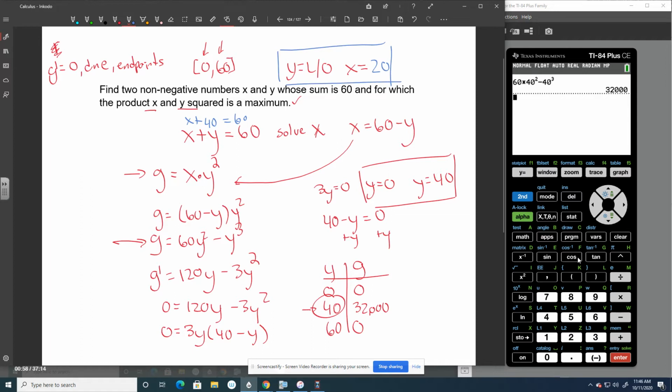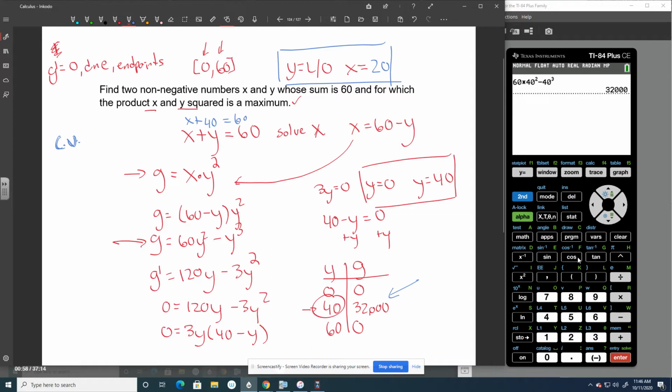Now, on the AP test, we've got to go one step further. Remember that when we found critical values and those relative extrema, those were possible extremes. This 40 is a possible maximum.